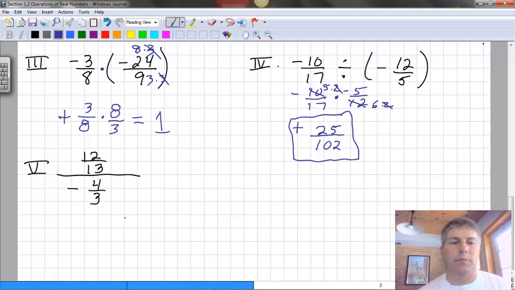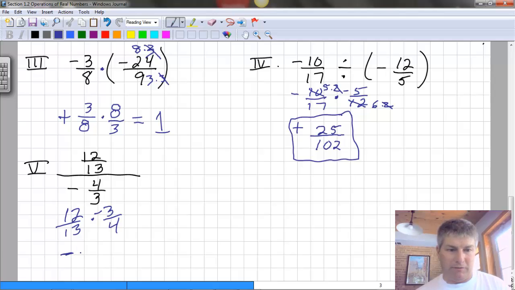And in sample problem number 5, once again, we've got our fraction bar, so we've got division here: 12/13 divided by negative 4/3. So there's some similarities between problems 4 and 5. Division, of course, is multiplying by the reciprocal, so that would be the same as times negative 3/4.